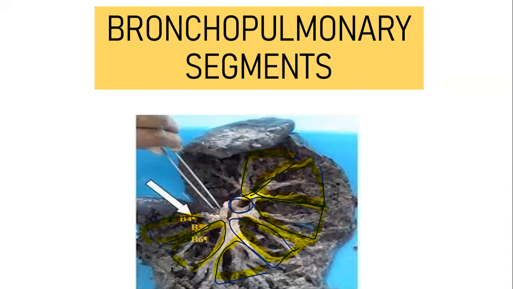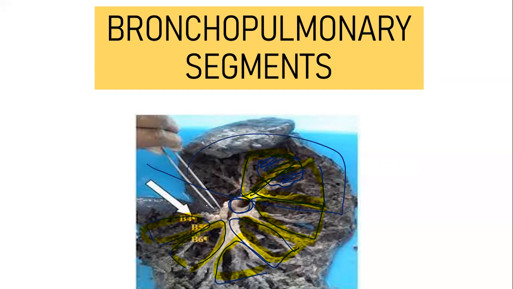Suppose a tumor is confined here, right? If I do not have the concept of bronchopulmonary segment, I have to resect the entire structure. I have to cut open till here. I have to remove this entire piece of lung. So the surgery becomes very difficult, and I'm going to damage all the surrounding structures also, which are normal.